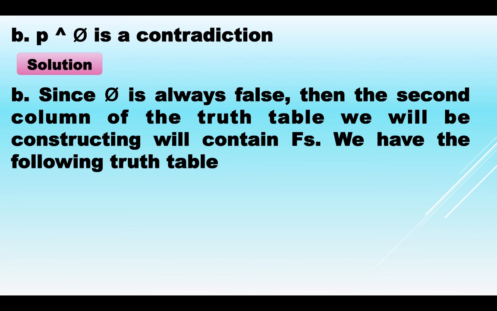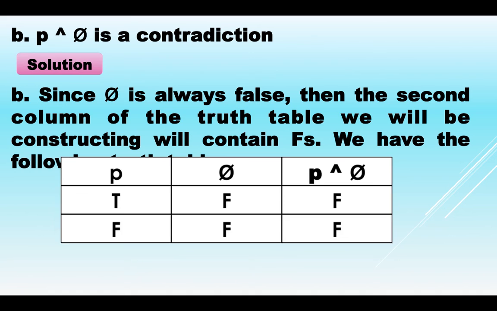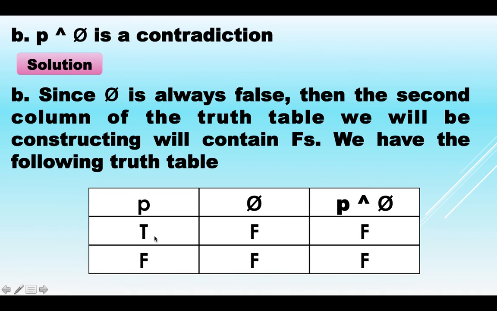So therefore, wala tayong makukuha na parehong true, kahit anong gawin natin. So since ito, halimbawa, TF, F pa rin, FF, F pa rin, kasi sa conjunction, ang true lamang ay ang parehong true. But the rest are false.